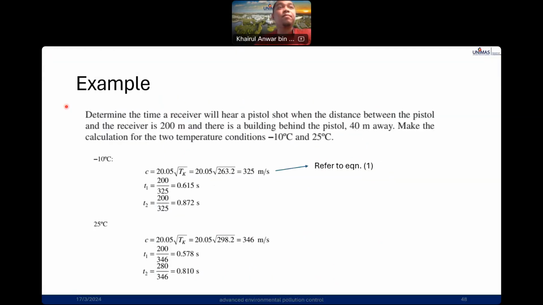Example 4. Determine the time the receiver will hear a pistol shot when the distance between the pistol and the receiver is 200 meters and there is a building 40 meters behind the pistol. Make the calculation for two temperatures.